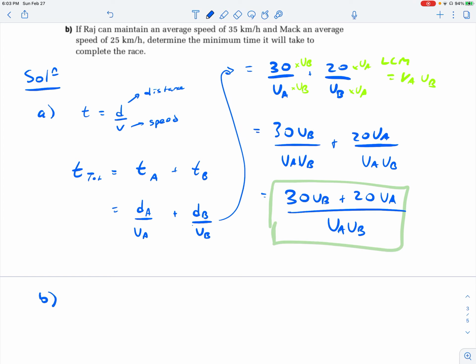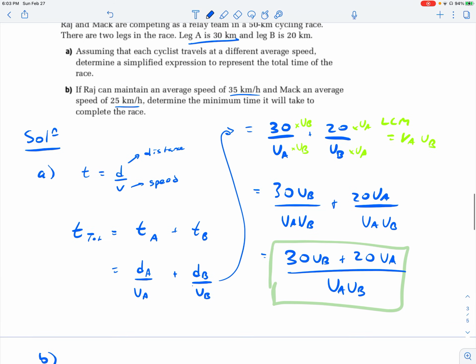Part B: determine the minimum time it'll take if Raj can go 35 and Matt can go 25 kilometers an hour. We want to make sure you put the right speed in the right leg.